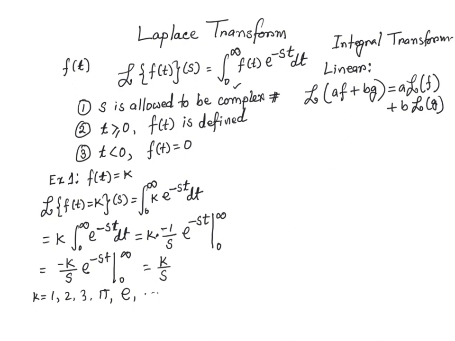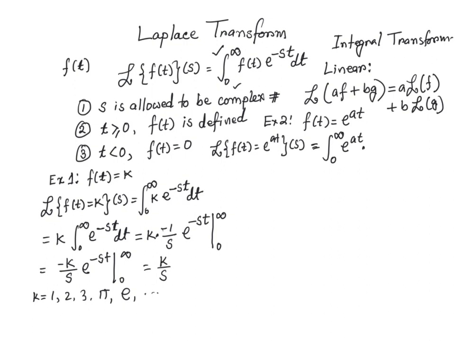Now let me give you another example, slightly more involved, but still quite simple. Example 2: the Laplace transform of f of t equals e to the power a times t. Again, just follow the definition: the Laplace transform of f of t, as a function of s, is the integral from 0 to infinity of f of t, which is e to the power at, times e to the power negative s times t, dt.